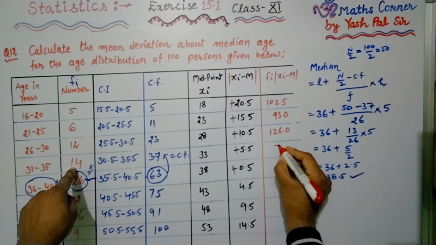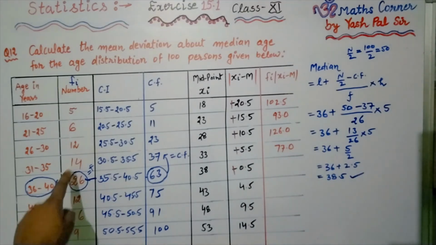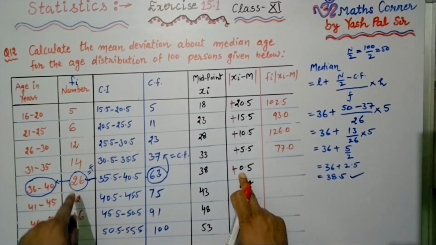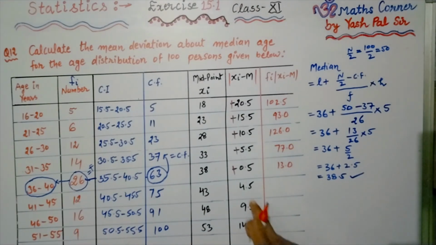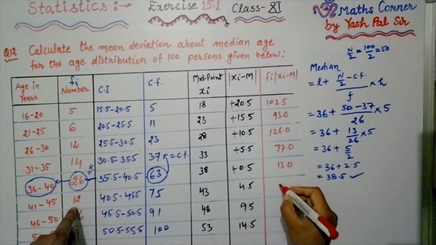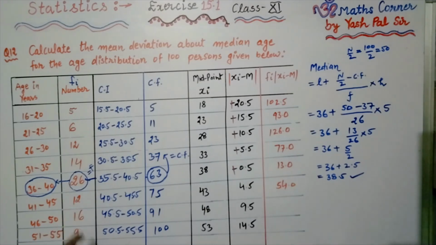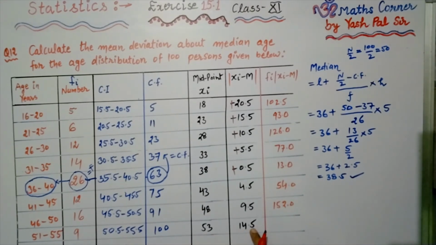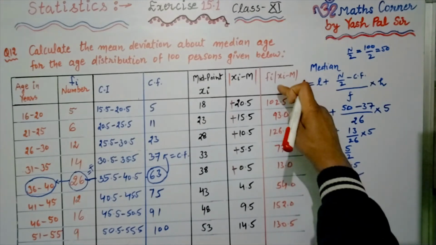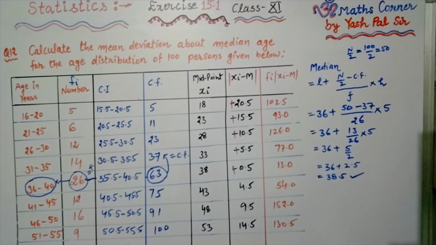Next 5.5 into 14, answer is 77.0. Next is 0.5 into 26, 13.0. 4.5 into 12, 54.0. 9.5 into 16, 152.0. Last is 14.5 into 9, 130.5. Now we find the sum.